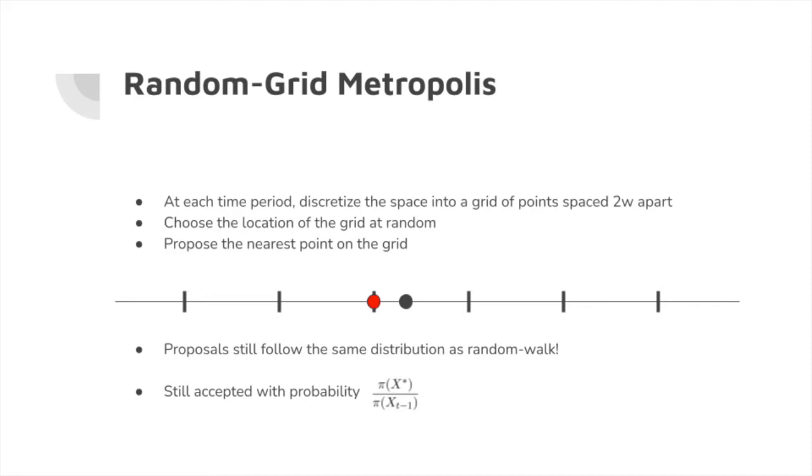That's because it's based on the location of the grid, but it'll certainly be within a distance of w of our current state, and that's distributed uniformly at random as to which point there it'll be. At the same time, because we'll use the same grid for any of our two chains, we have a positive probability of exact coalescence. And of course, we still accept with the same probability that you see there.